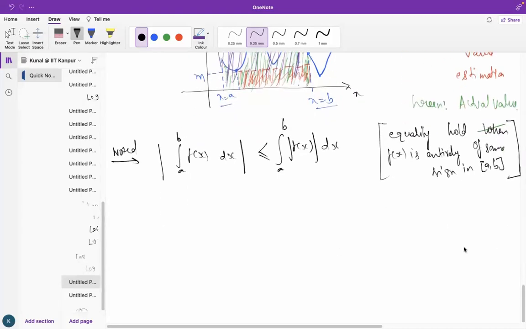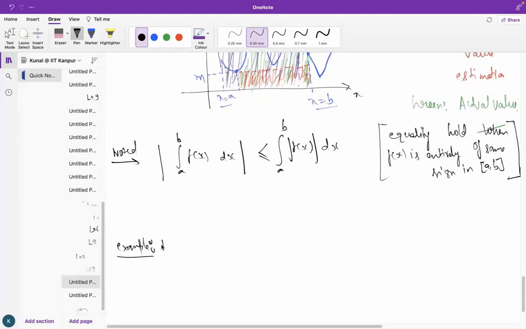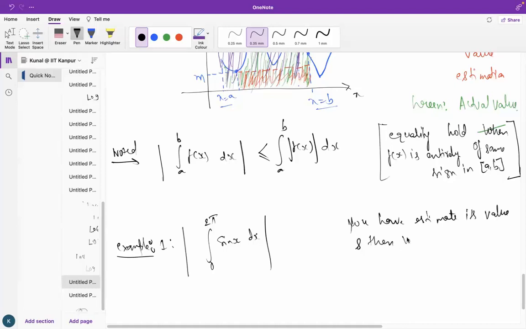Now, let's take example one. We are integrating from 0 to 2 pi mod of sine of x dx. You do not have to solve this directly.